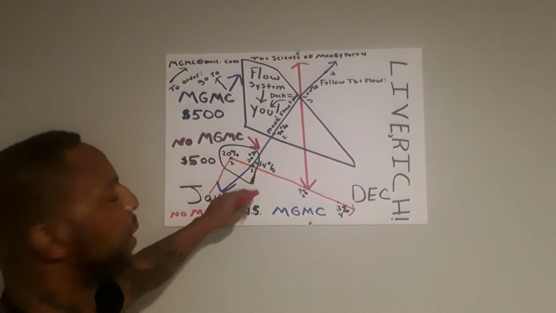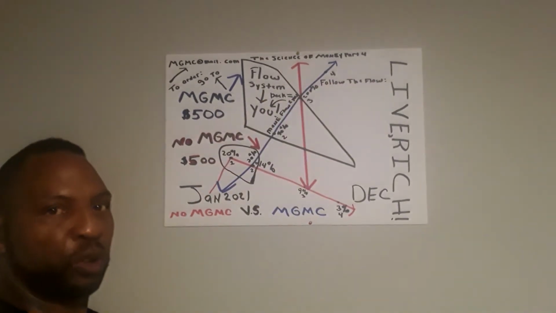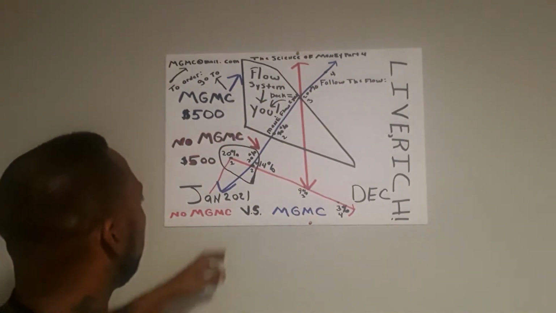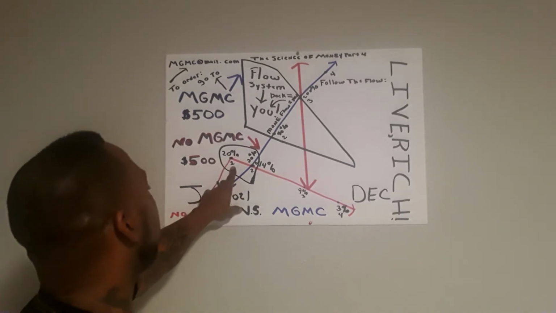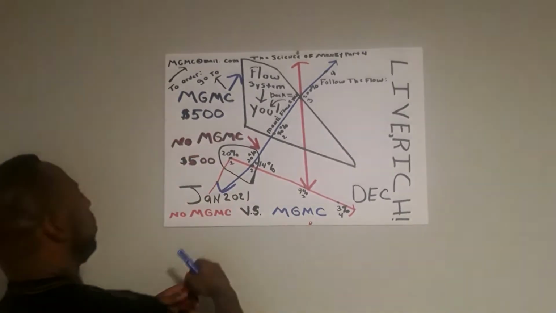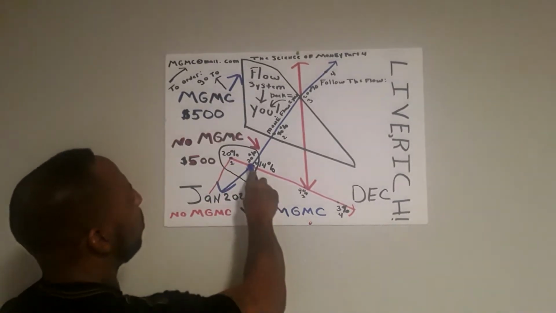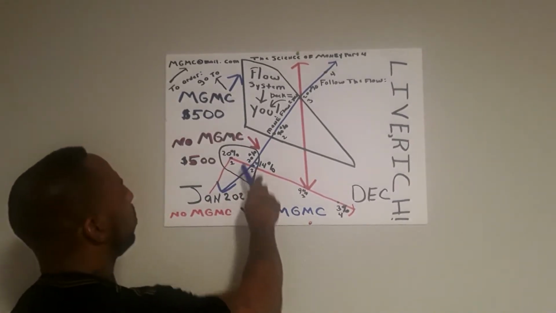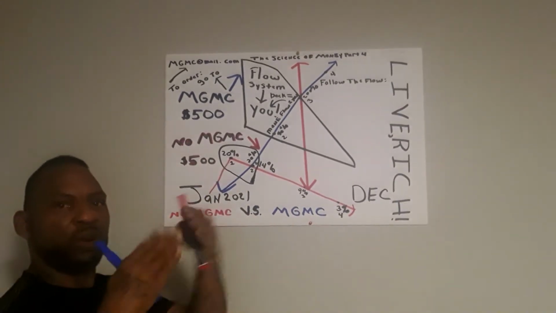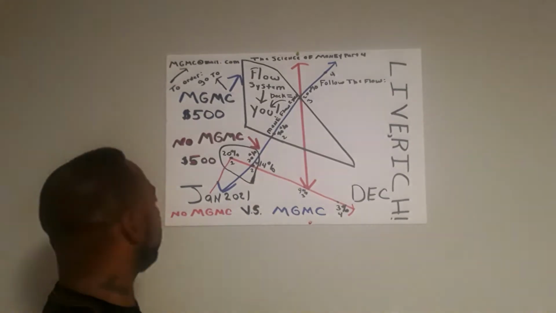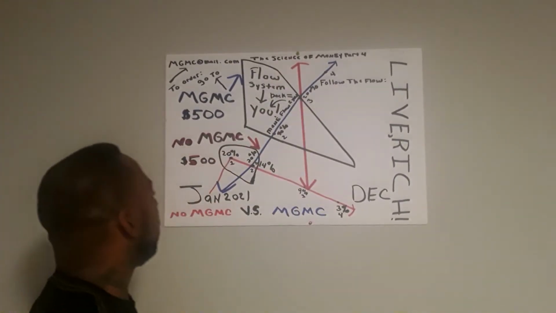These symbolize two people that start out on the flow here in 2021. One person starts here in the first quarter, the red, and the other is the first quarter for the blue. As the flows take off, they go in different directions. One flow is going to arc up, one flow is going to arc down.